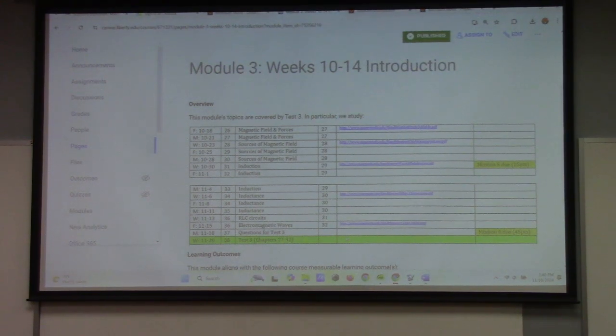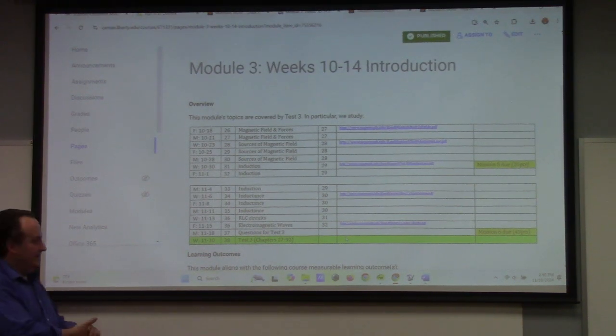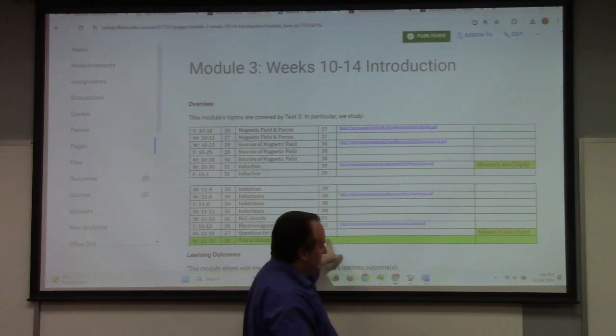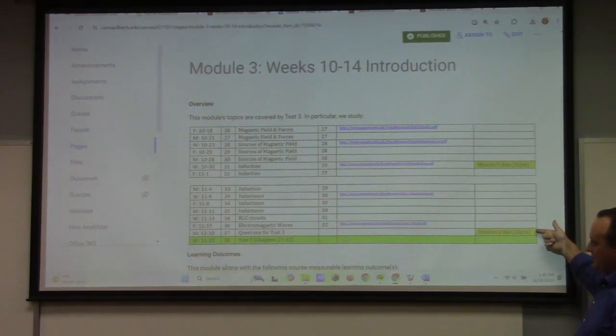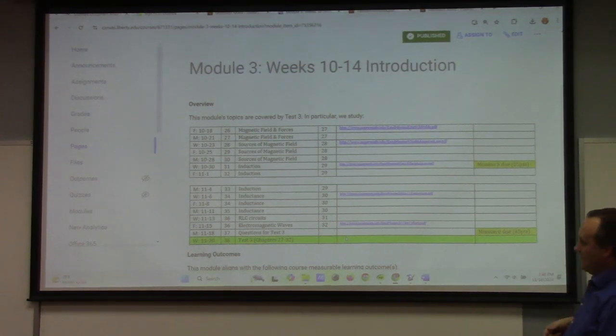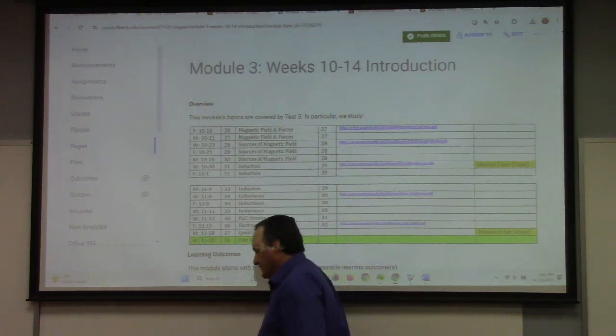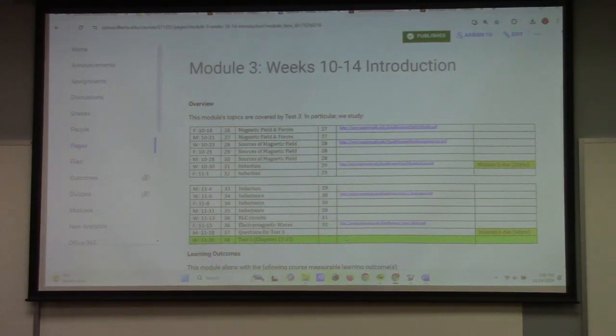This is at the start of the module in the introductions I'm required to write. And it says plain as day here, mission 6 due, right here. Now I understand the Canvas calendar apparently doesn't have this, and that's unfortunate, but it has been here the whole time, and I'll get over it eventually.